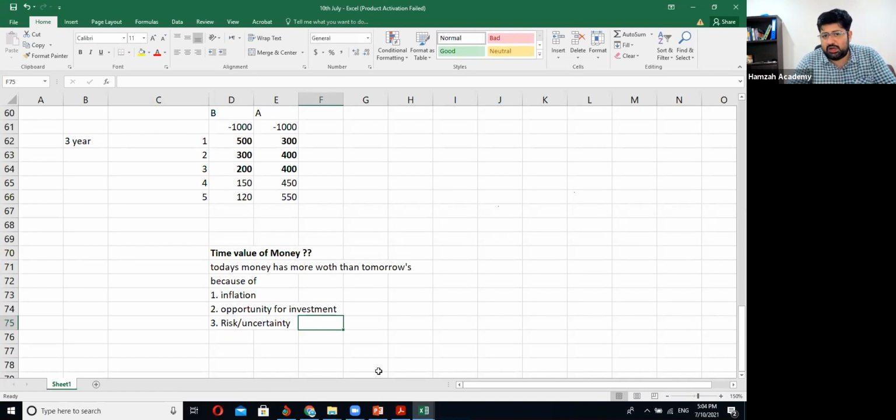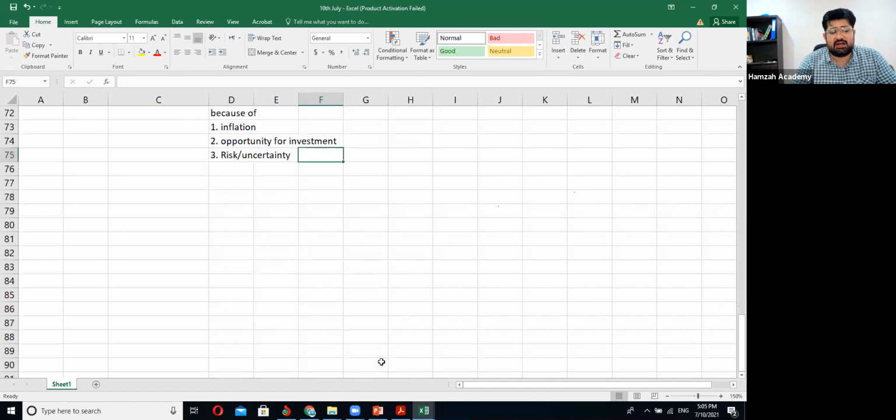When I started, I said there are discounting techniques and non-discounting techniques. Non-discounting techniques do not consider the time value of money. While there are 3 discounting techniques for investment appraisal: one is discounted payback, the second is NPV, and the third is IRR.